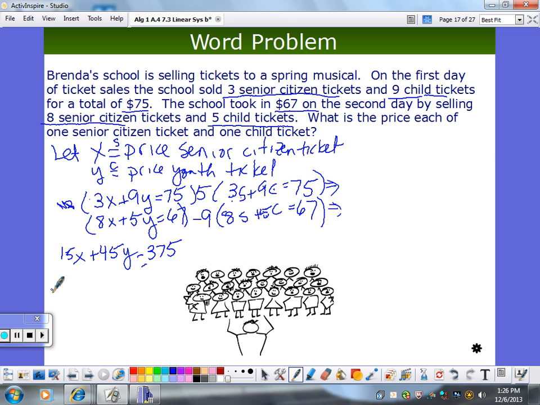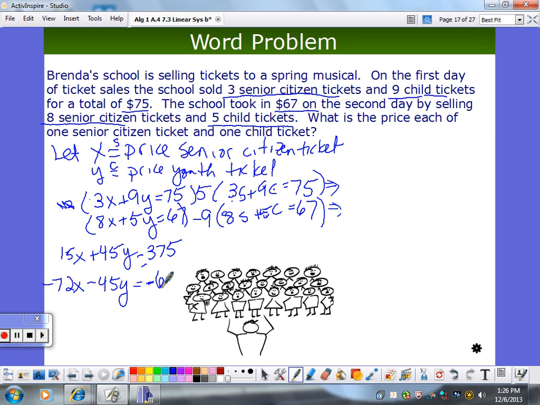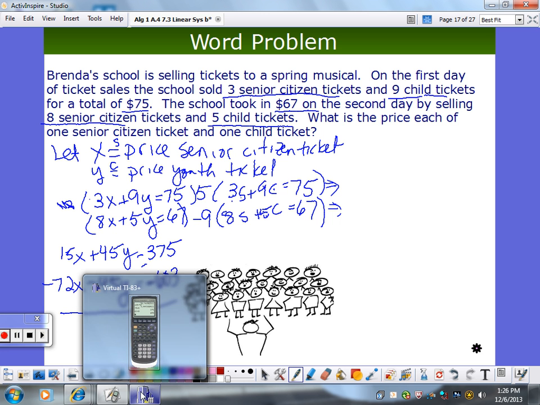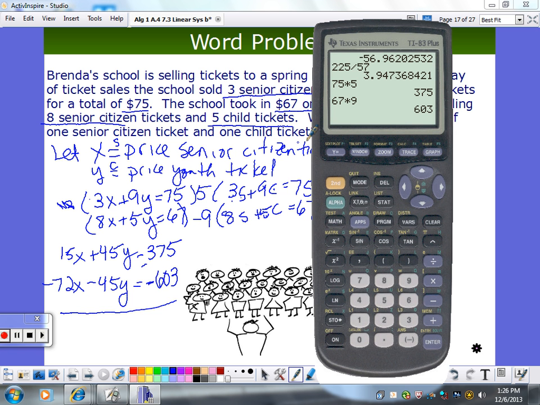And then this one, negative 72x minus 45y equals negative 67. Oh, that's not right. Is that right? We got negative. Okay. Before we had said 600, that's why they came down that way. Then we do, yeah, but 603, yeah.